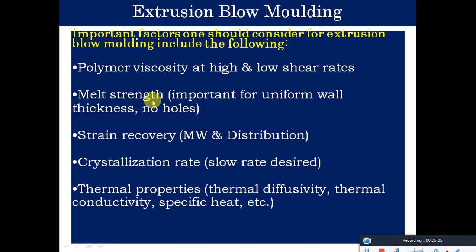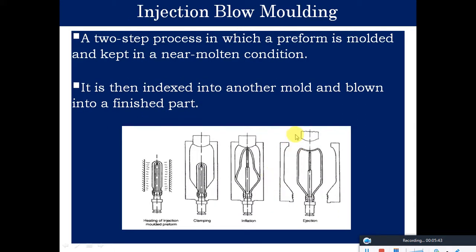Then melt strength, because melt strength decides the uniformity in wall thickness, so that no holes form once the product is cooled. Then strain recovery, and crystallization rate. A slow rate of crystallization of the polymer is desired. And the thermal properties like thermal diffusivity, thermal conductivity and specific heat of the raw material we use.